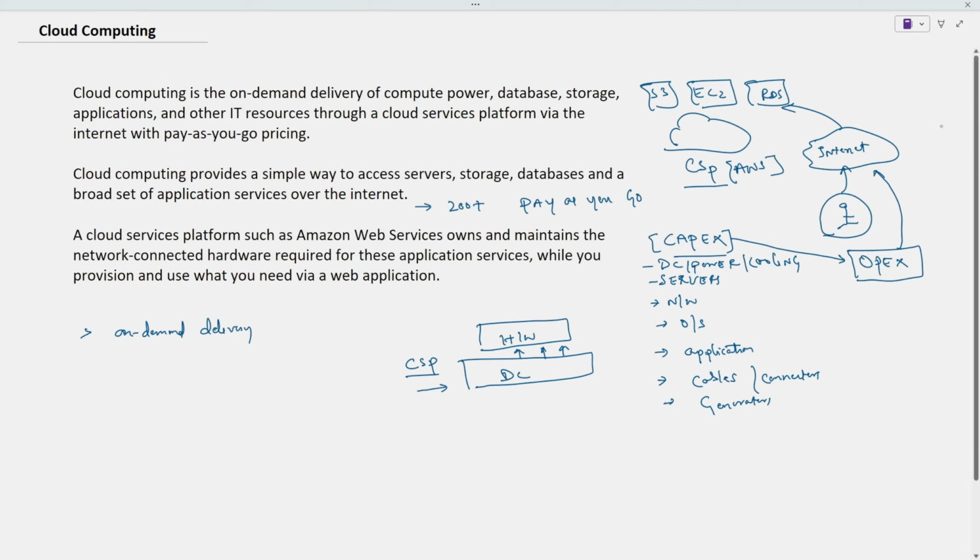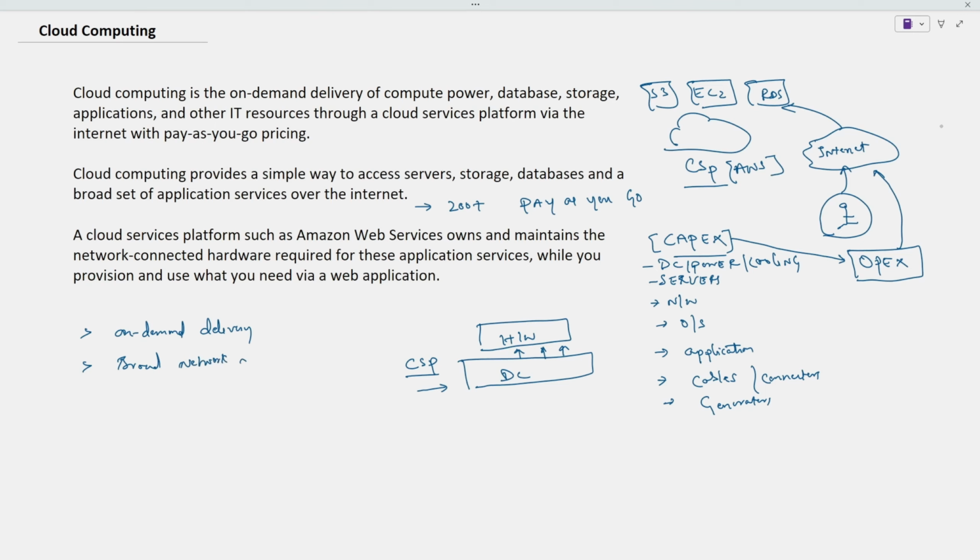Irrespective of any cloud service provider, either AWS or Azure or Google, these are the characteristics which any cloud service platform has to meet. Only then we call this a cloud service platform.